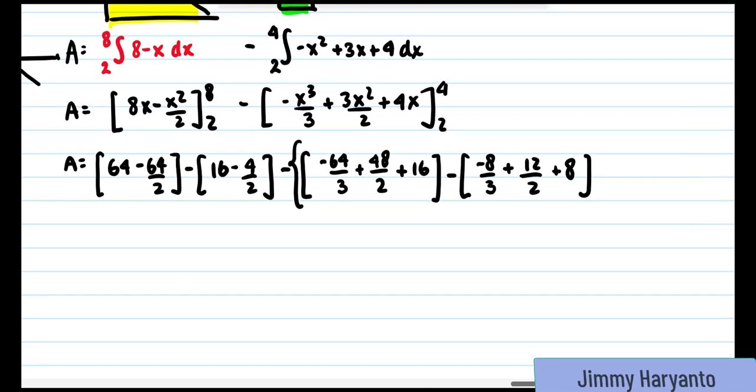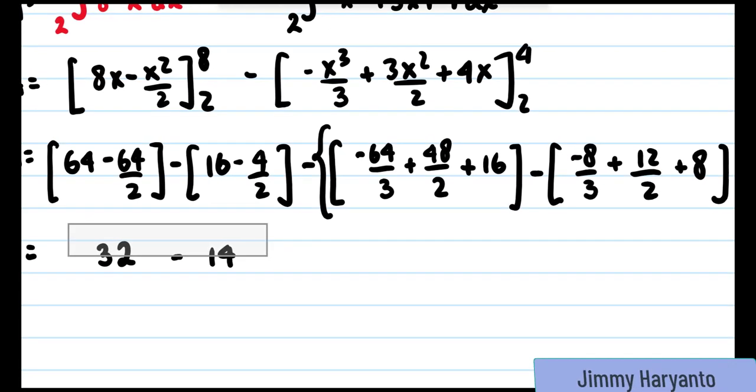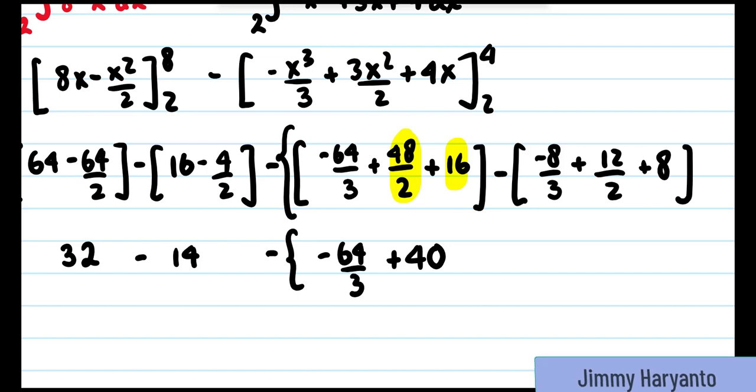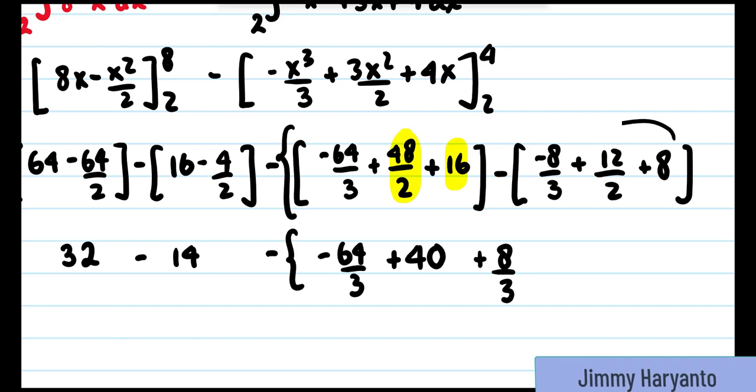Guys, calculate this together. 64 minus 32 will be 32, and then this one is 16 minus 2, 14, minus. For this one, I want to calculate this first. This and this become 24, 40. I will read this one like this, and then this one will become plus 8 over 3, and then this one will become 6 plus 8, 14.